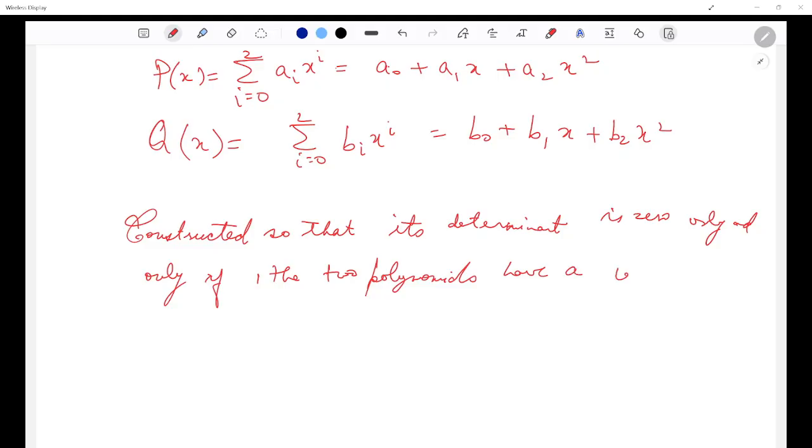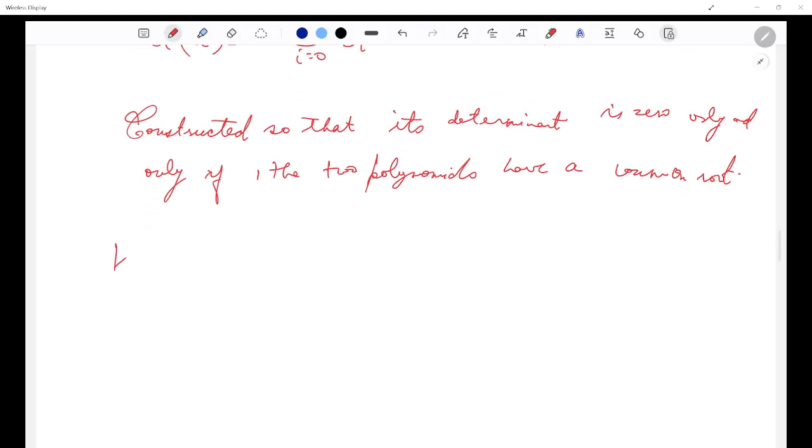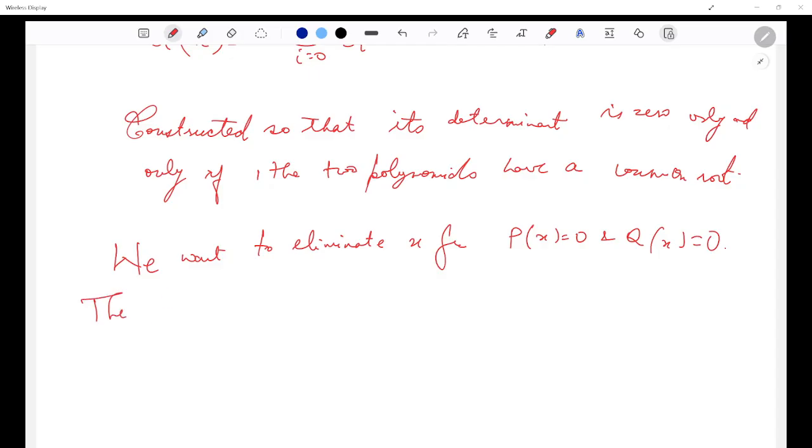You might have seen the linear independence condition. So what we want to do basically here is eliminate x from P(x) equal to 0 and Q(x) equal to 0. So how do we do that?